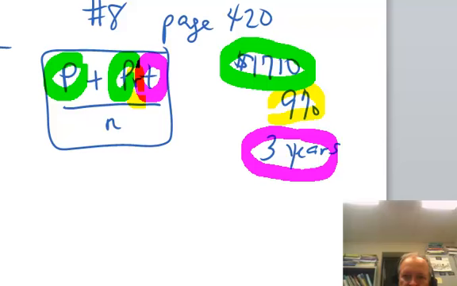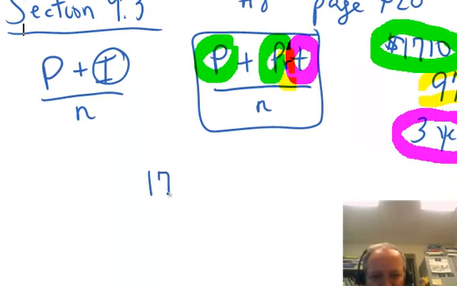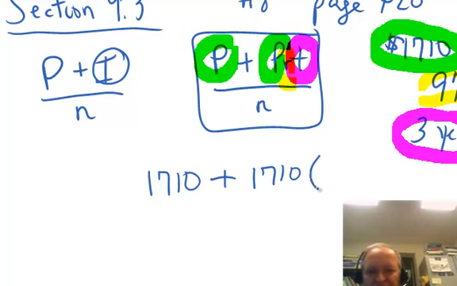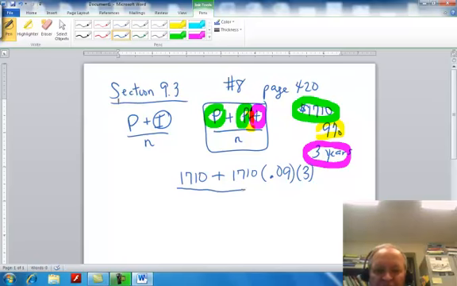So when I put this information into the formula, I'm going to have 1,710, that's the amount of the loan, that's P, plus P times R times T, so 1,710 times the rate, which is 9%, so decimal 09, times the number of years, because this is the interest rate every year.